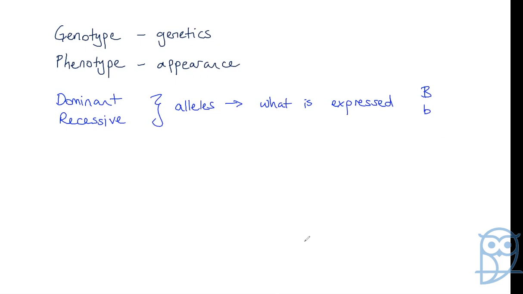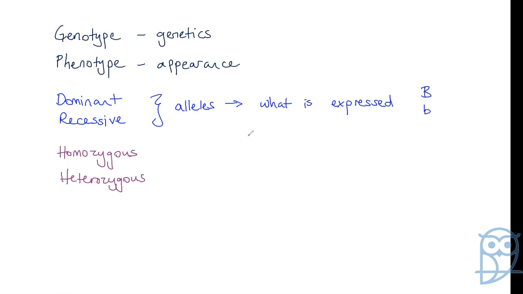Then, the other pair that we need to check in with before we get started is homozygous and heterozygous. This refers to which types of alleles we have.